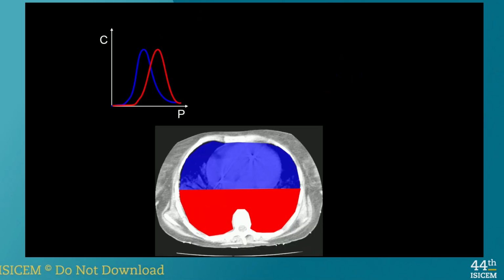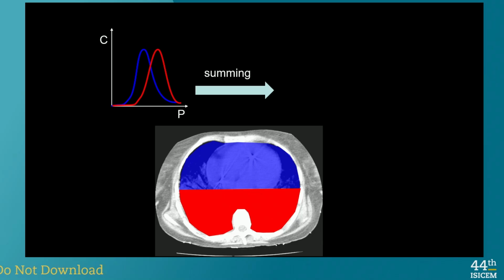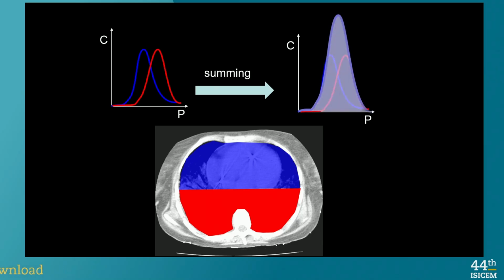Why is this important? Because the whole lung compliance is the sum of both curves, right? The blue zones and the red zones, and then you have to sum these two normal distributions, and this is the peak of lung compliance. Okay?